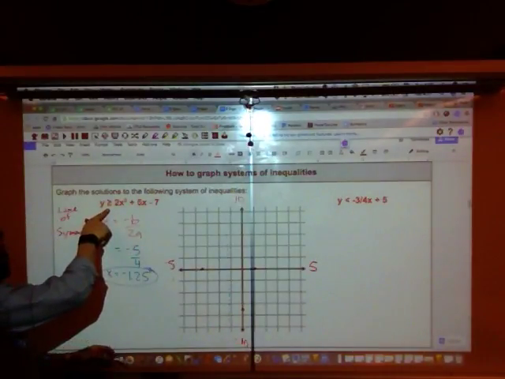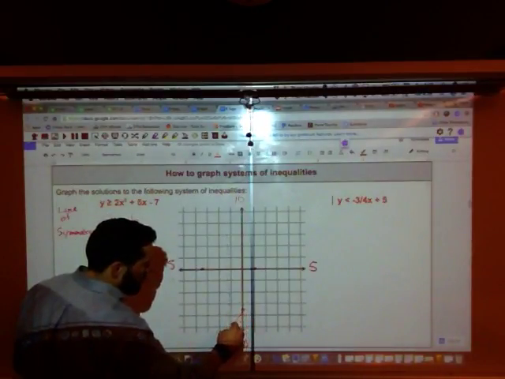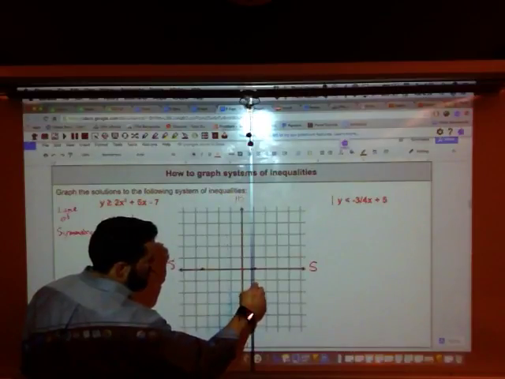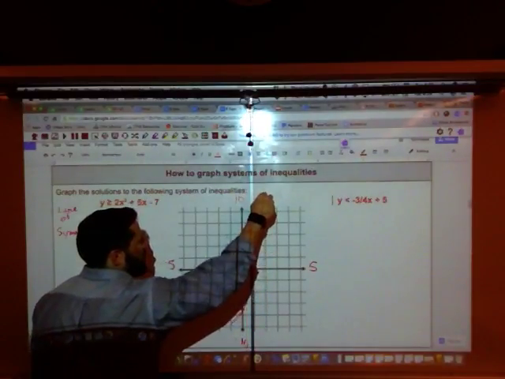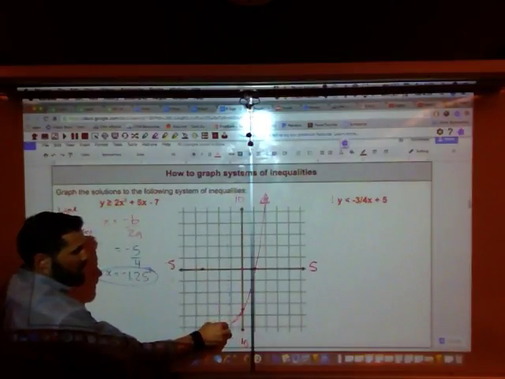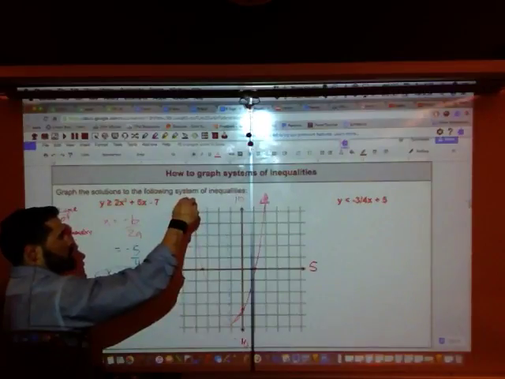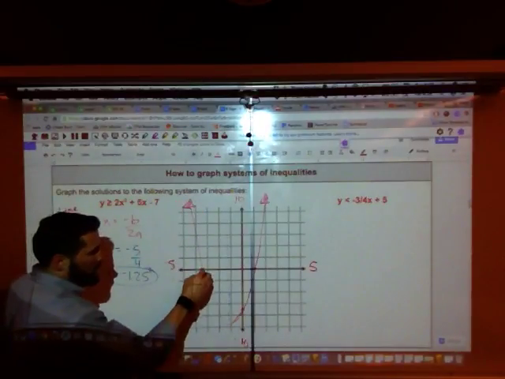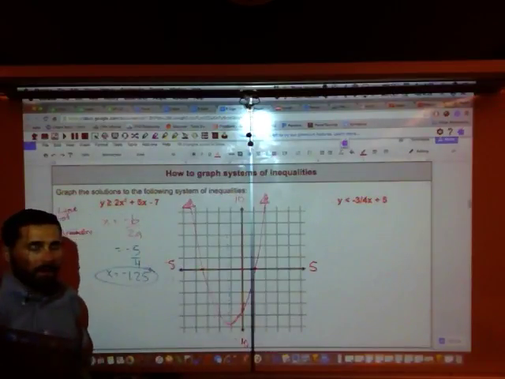I am going to graph this with a solid line because it has an equal sign. And then just a mirror image. That's why that line of symmetry is so helpful. It helps us make a mirror image and reflect it on the other side.